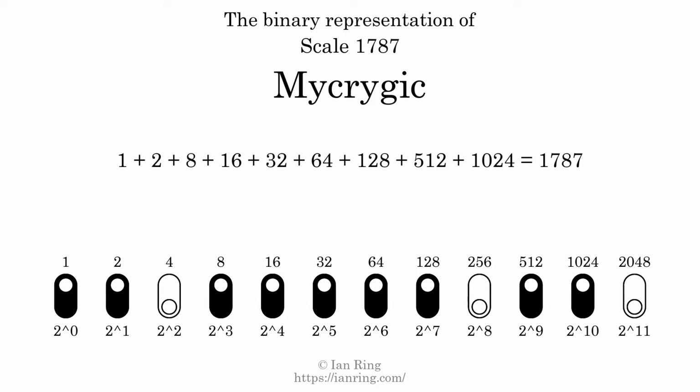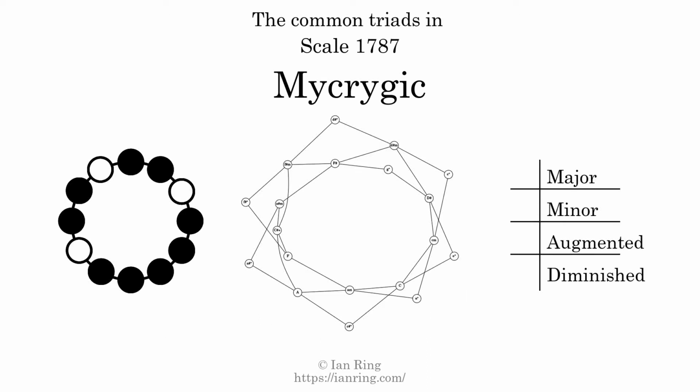That is why the scale number, in decimal, is 1787. The scale number not only enumerates the scale with a unique index, but it also literally describes the tonal content of the scale. Represented as a binary number in base 2, the scale number is 01101111111.